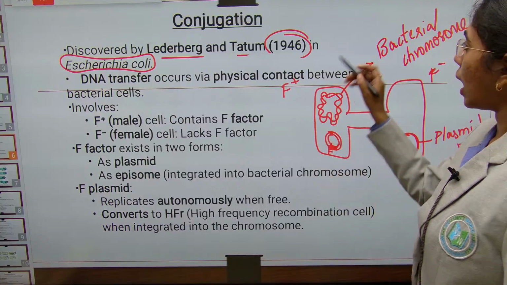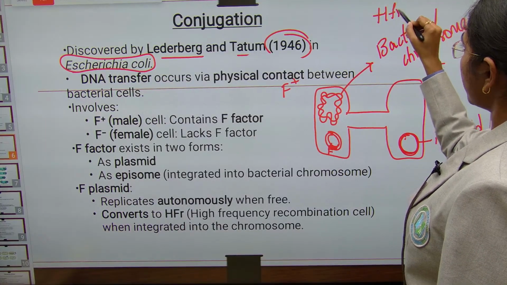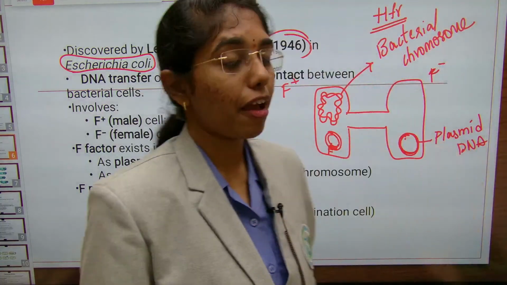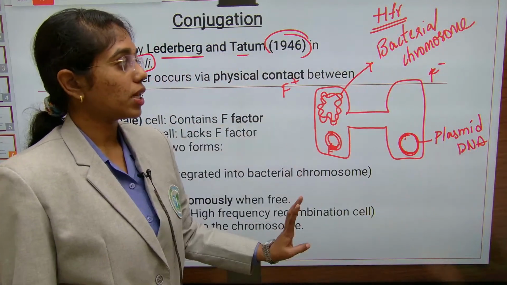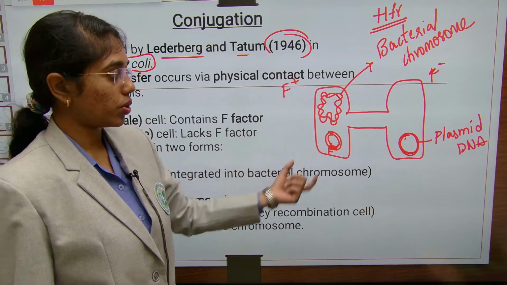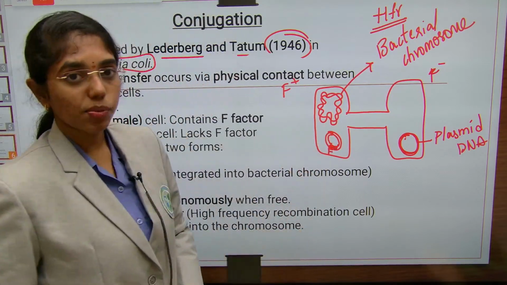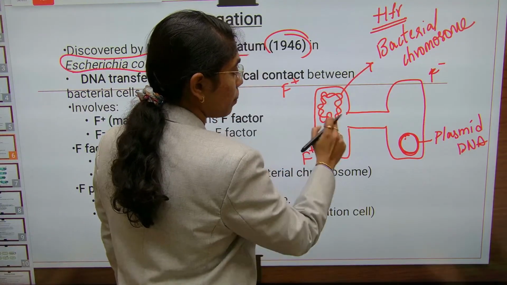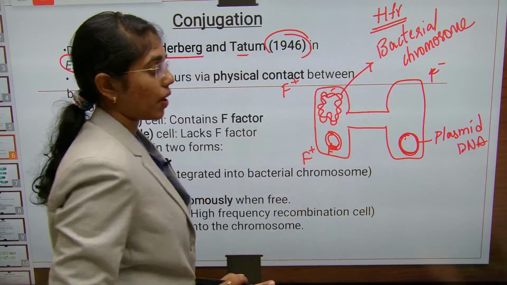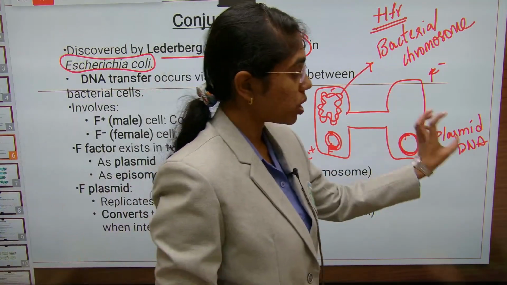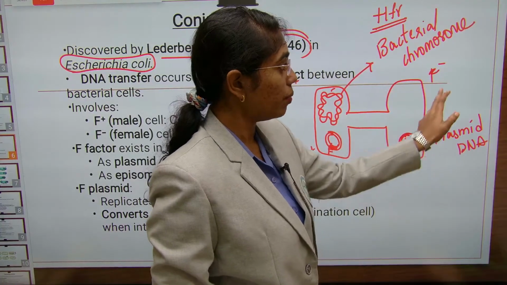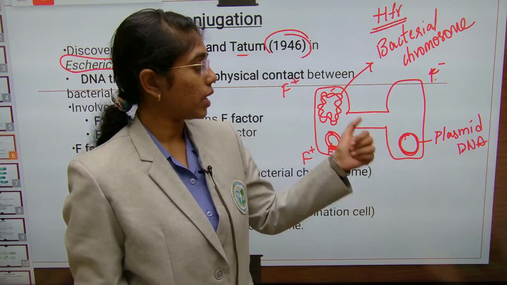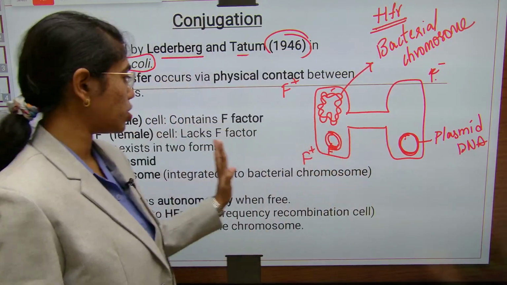Such bacteria are addressed as Hfr strain. If the F factor is in plasmid DNA, it is addressed as F plus strain. If it is present in the bacterial chromosome, it is addressed as Hfr strain. If the F factor is absent in the complete bacterial genome, it is addressed as F minus strain. First, be clear with these F plus, F minus and Hfr strains of bacteria.